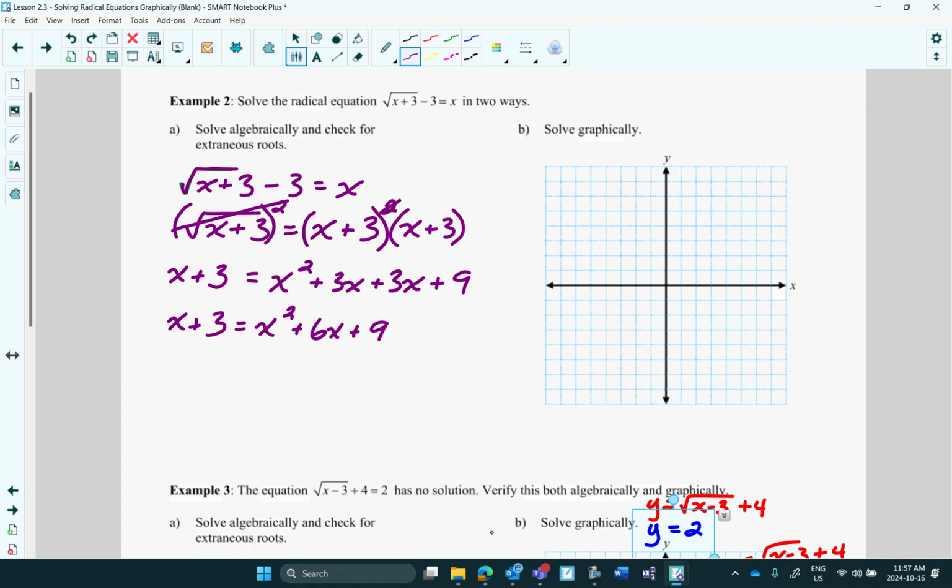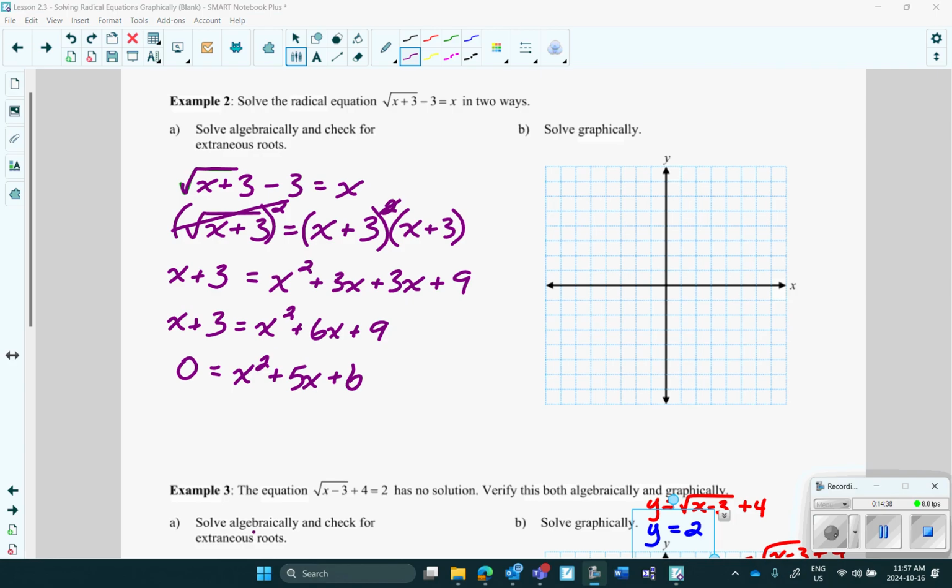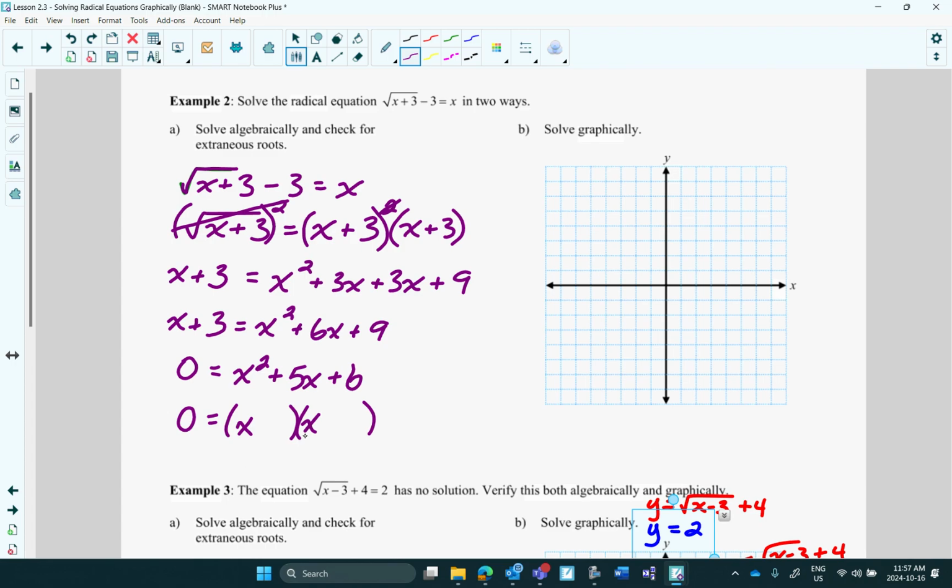When I move the x over here and the 3 over here, it's going to be 0 equals x squared plus 5x plus 6. Now you got to factor. I know you're factoring. We got plus 2 plus 3 or plus 3 plus 2.